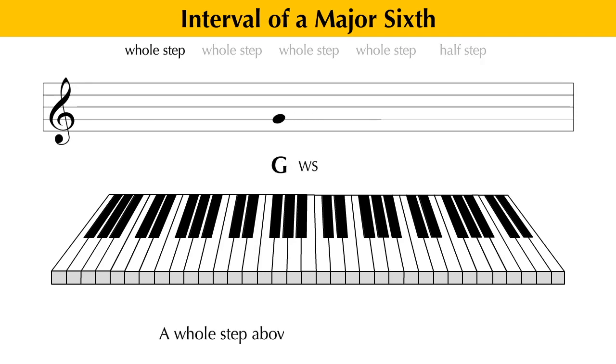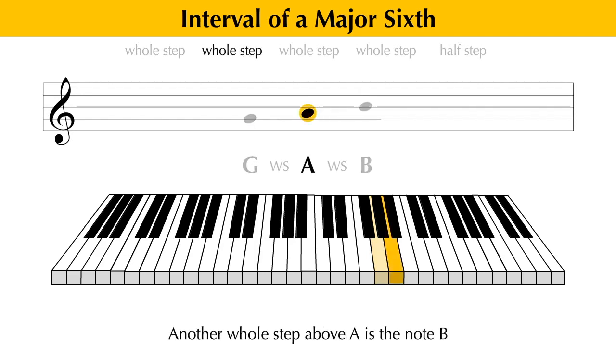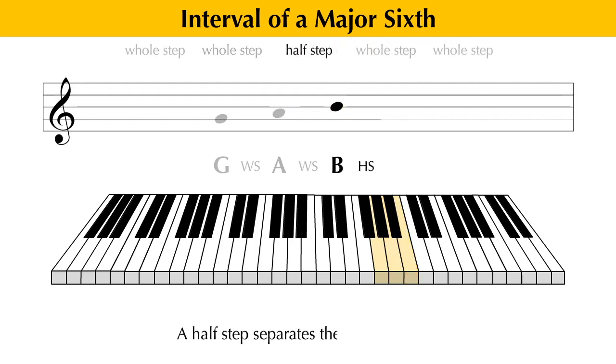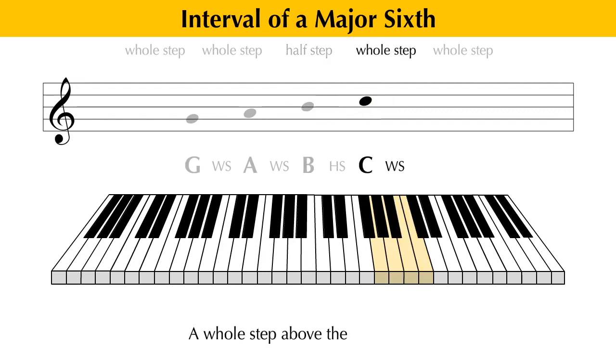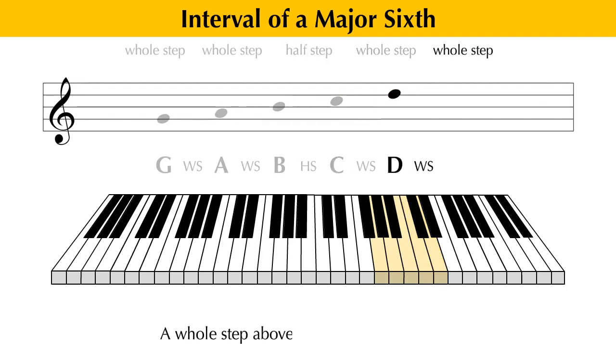A whole step above the note G is the note A. Another whole step above A is the note B. A half step separates the notes B and C. A whole step above the note C is D.